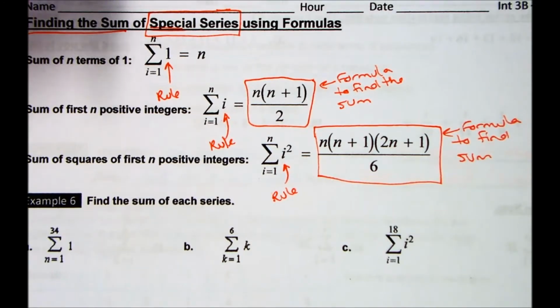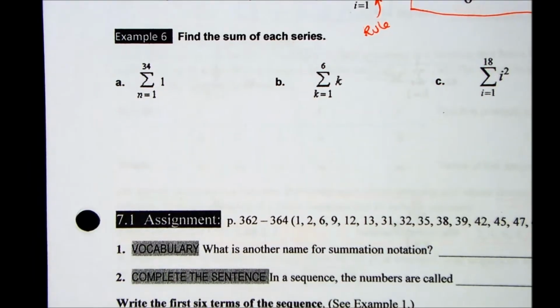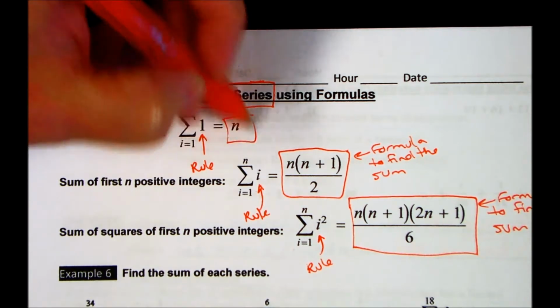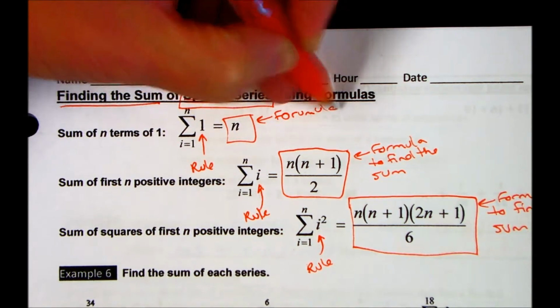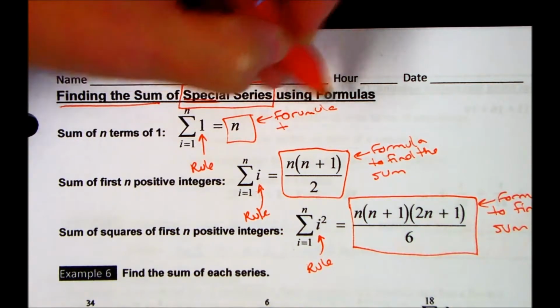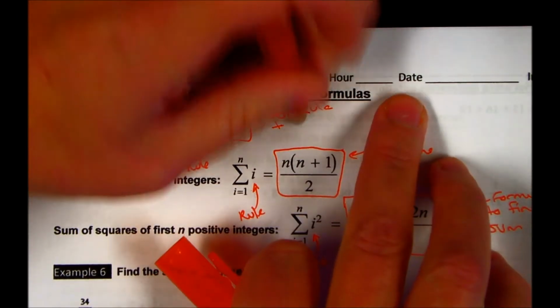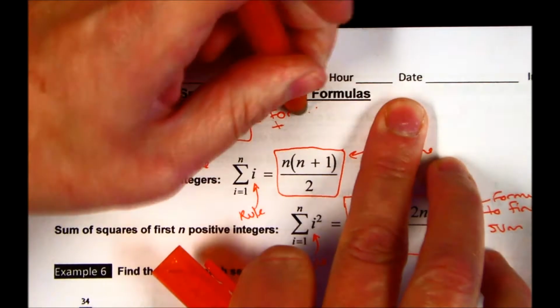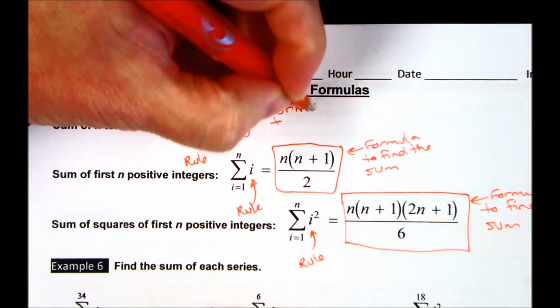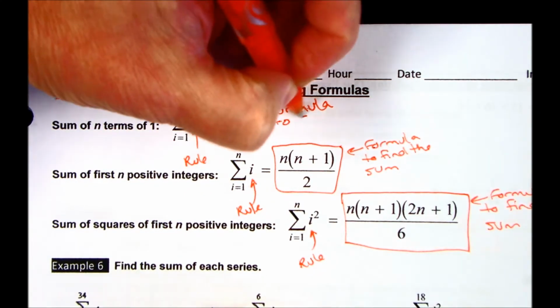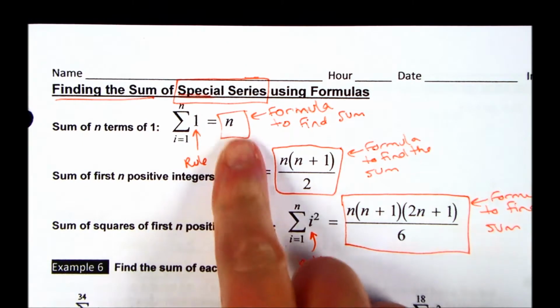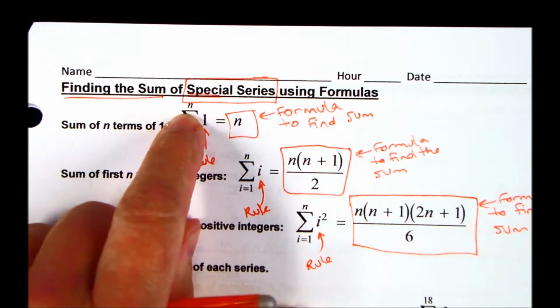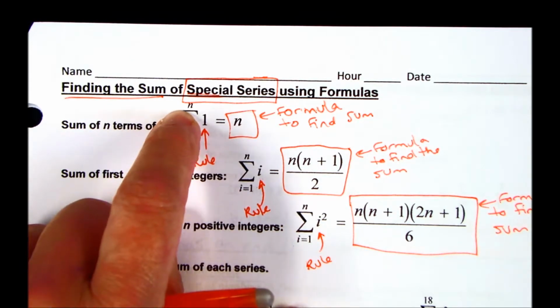So, going back to this one, the formula to find the sum is just n, which is, again, the same as your upper limit.